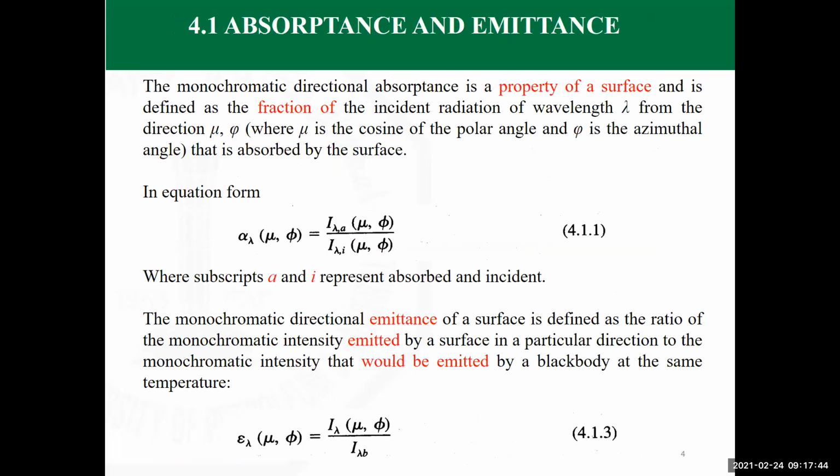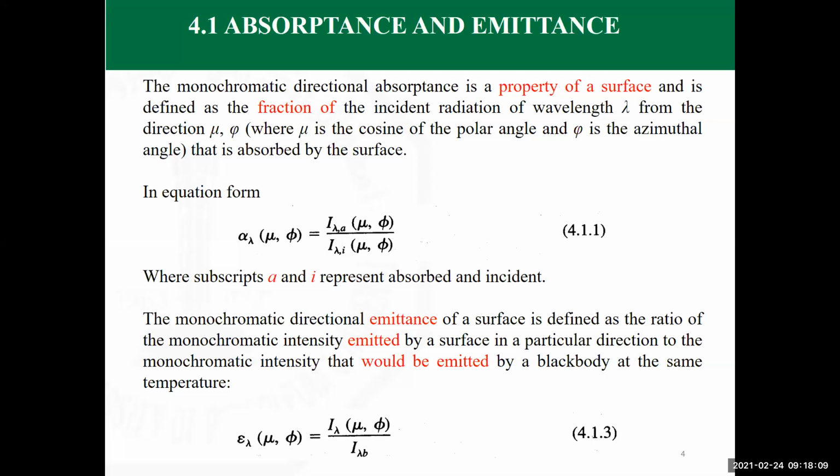Now, in this slide, we are looking at the monochromatic directional absorptance, which is a property of a surface defined as the fraction of the energy absorbed with respect to the energy incident onto it. Monochromatic, again, so it's at a certain wavelength. Directional, again, it is a function of mu and phi.